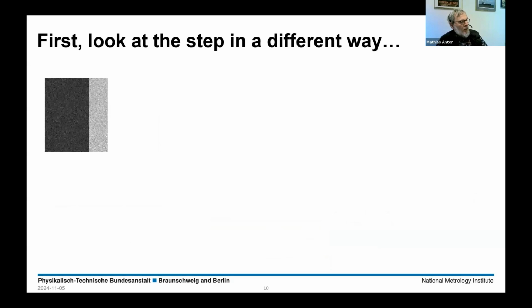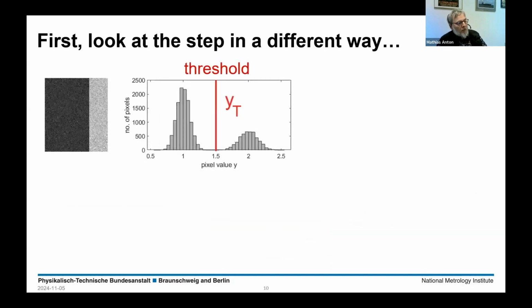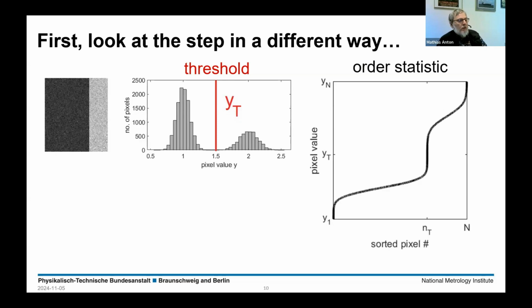First, we can look at the step in a different way. We have this step function, we have the histogram, and by using, for example, Otsu's method, we can set a threshold between high and low gray values, and then look at the so-called order statistic, which sounds fancy, but is nothing but taking all the gray values, ordering them in ascending order and plotting them.